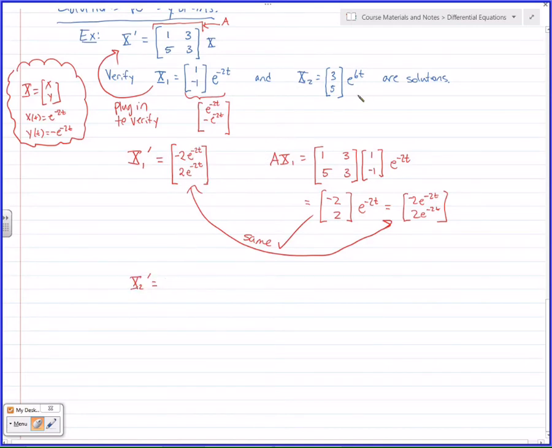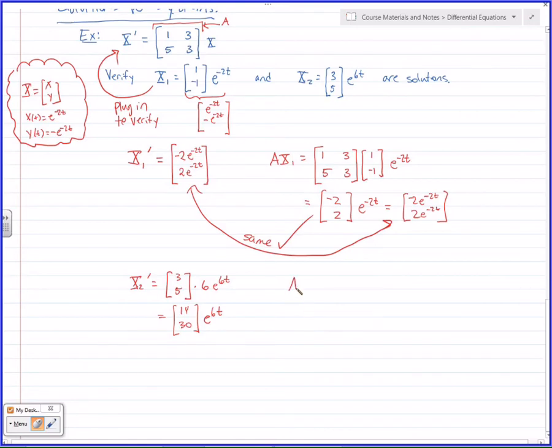In fact, I'm going to skip the step of multiplying this in. I'm just going to take the derivative of this, right? So that's a 3, 5, just sticks around, times, and what's the derivative of e to the 6t? Okay? Which gives me 18 and 30 e to the 6t.